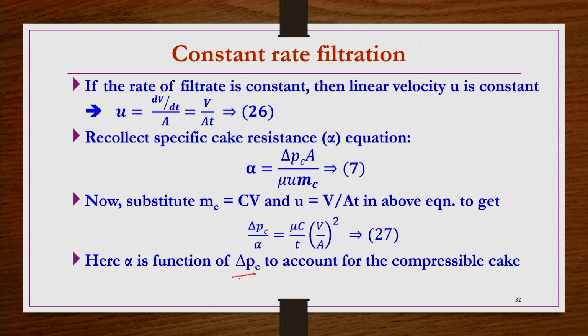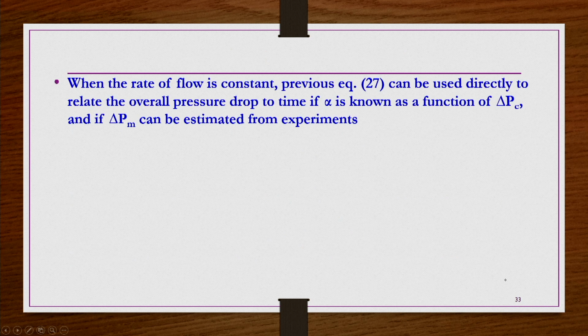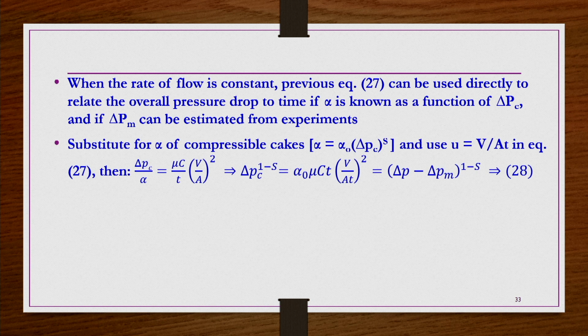Here alpha is a function of delta pc to account for the compressible cake. When the rate of flow is constant, the previous equation number 27 can be used directly to relate the overall pressure drop to time if alpha is known as a function of delta pc and if delta pm can be estimated from experiments.